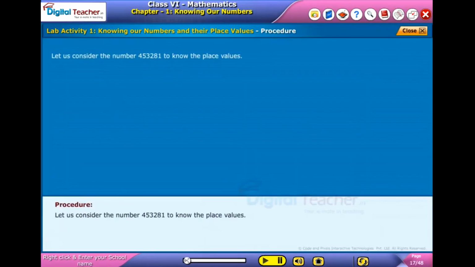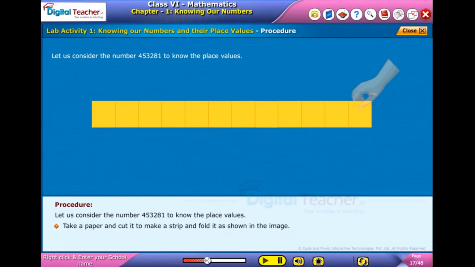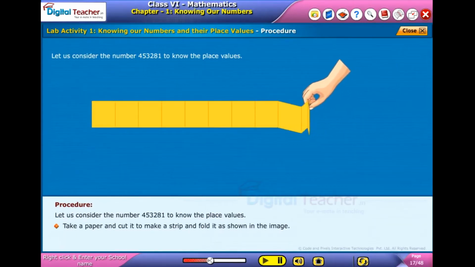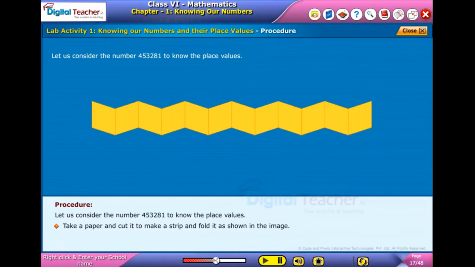Let us consider the number 4, 5, 3, 2, 8, 1 to know the place values. Take a paper and cut it to make a strip and fold it as shown in the image. Mark the assumed number as shown in the image.